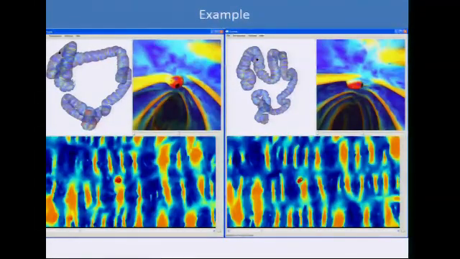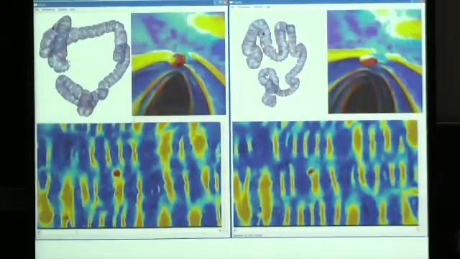Here's an example of the registration. On the upper left here, we have a 3D rendering of the colon. On the bottom here is one of these shape index images, and on the right is rendering from within the colon itself. So on the prone image, we took this point. It's actually on a polyp. It has a very high shape index.